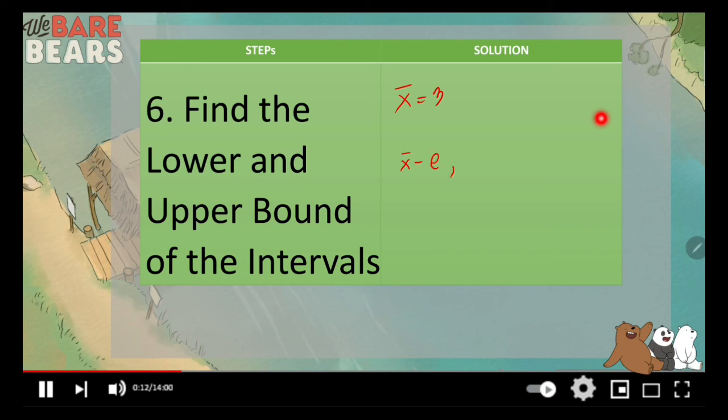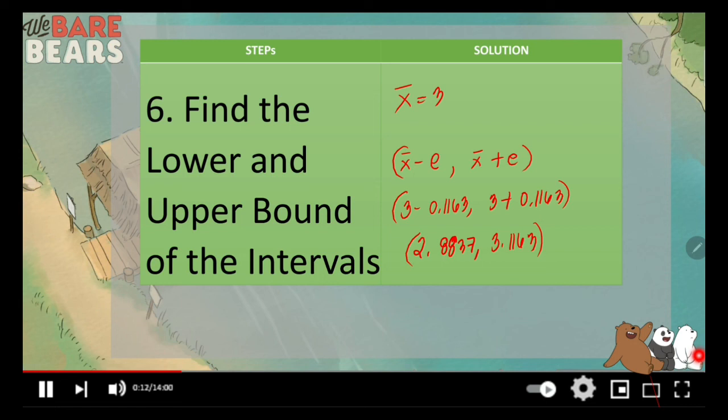And for the upper bound, we have the sample mean plus the margin of error. So therefore, we have 3 minus 0.1163 as our lower bound, and for our upper bound, we have 3 plus 0.1163. So the lower bound is 2.8837, while the upper bound is 3.1163. So we have now our confidence interval estimate.